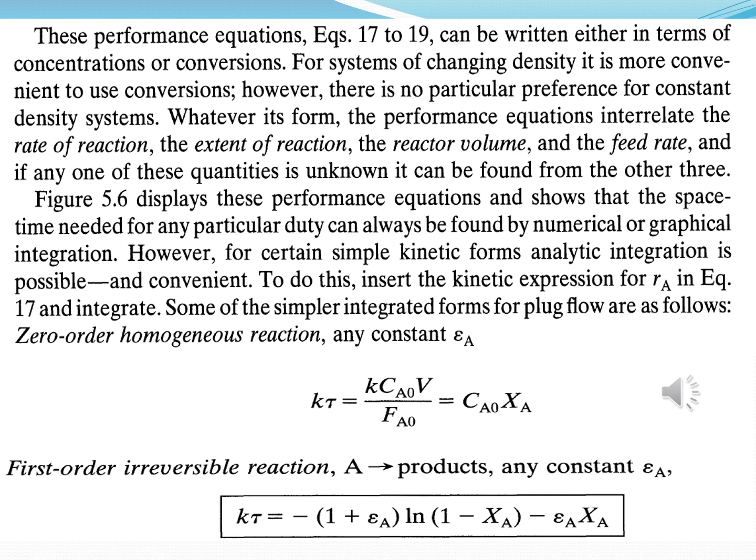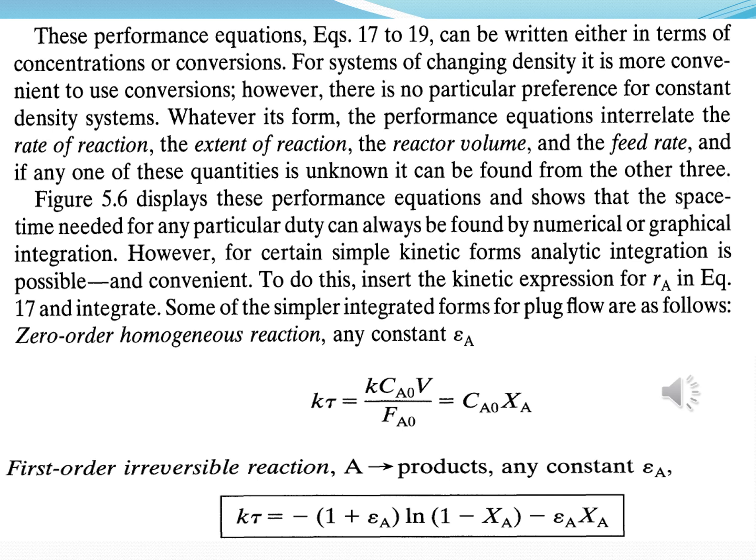However, there is no particular preference for constant density systems. So if you are given the concentration and you have to find the conversion, you can take the conversion on the left hand side and write the expression in the form of concentration. And if you are given the conversion in the statement and you need to find the concentration, you can take the concentration on the left hand side and the conversion on the right hand side and solve for the required concentration for the given conversion.